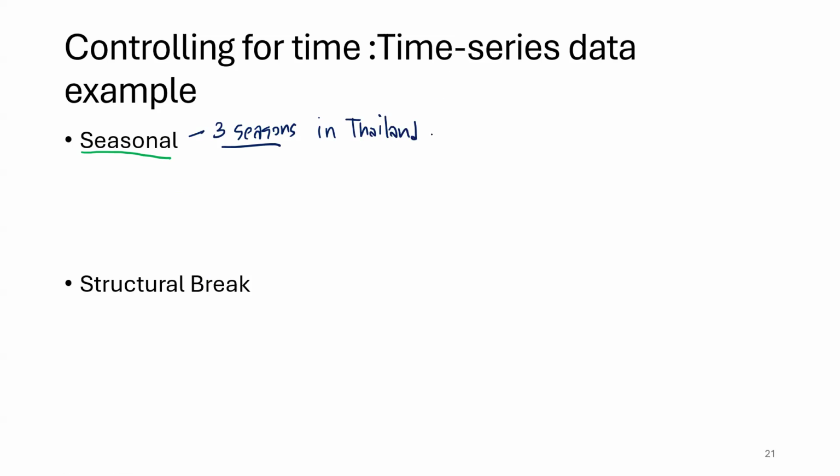When I was a child we had winter as well, but right now winter is almost gone. We have winter only one or two days per year, in December, in Chiang Mai maybe.